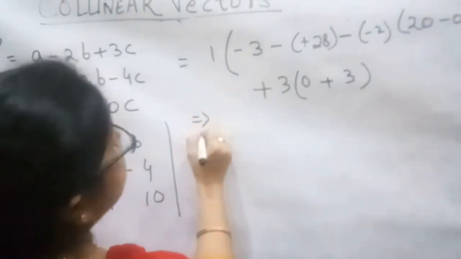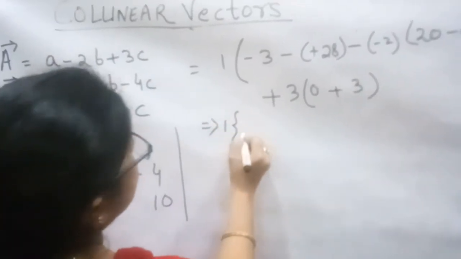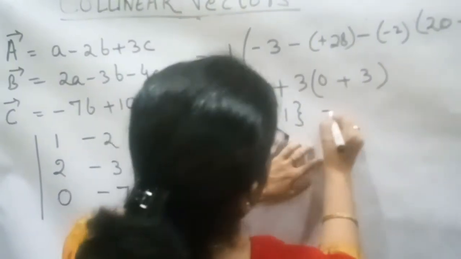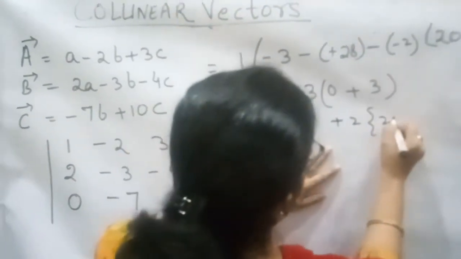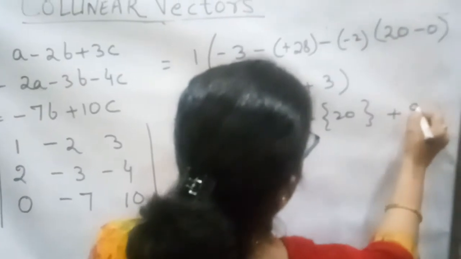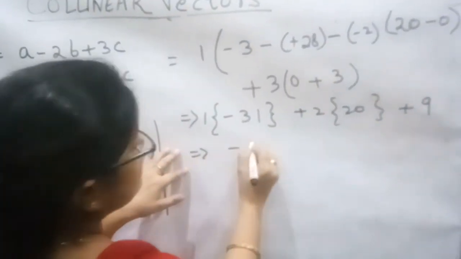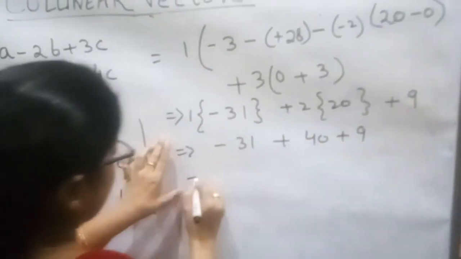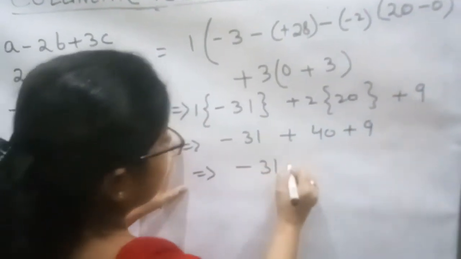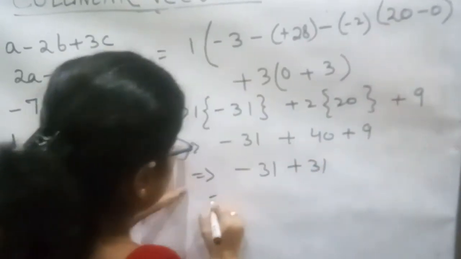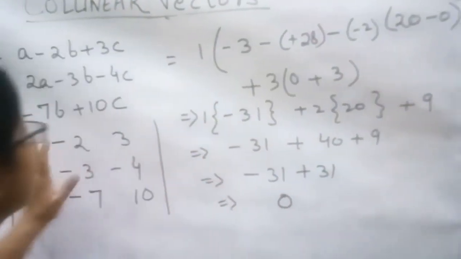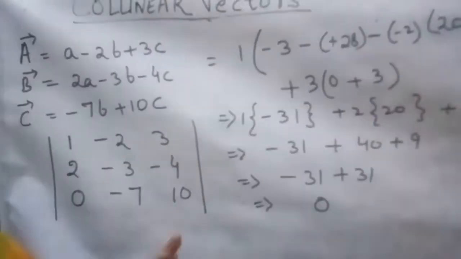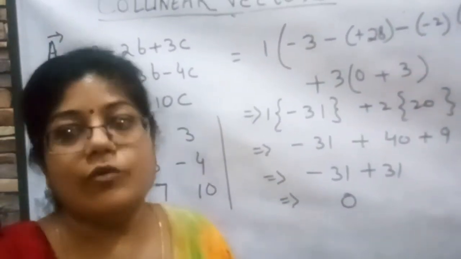Now solve it: minus 31, plus 2 times 20, and 3 threes are 9. We have minus 31 plus 40 plus 9, and we got minus 31 and plus 31, that is 0. So when the determinant of the three vectors is 0, then all three vectors are collinear vectors, also known as coplanar vectors.